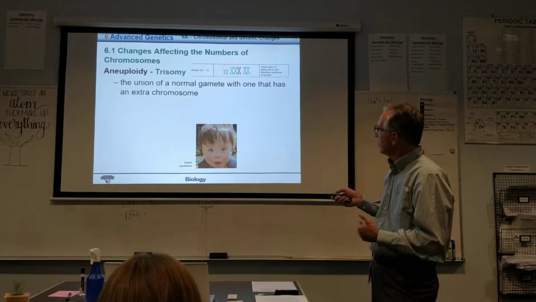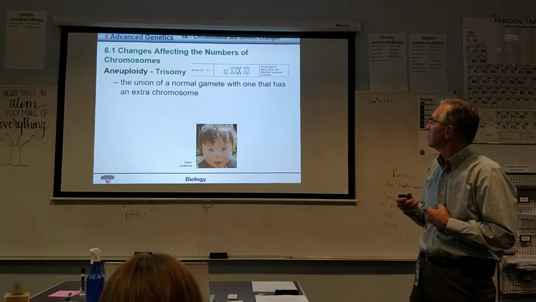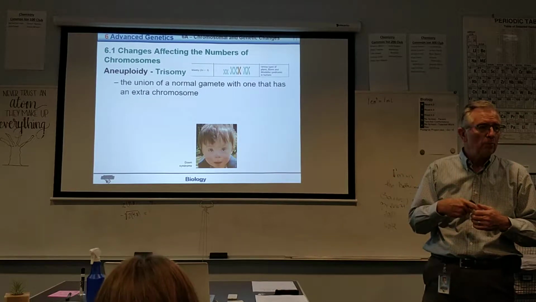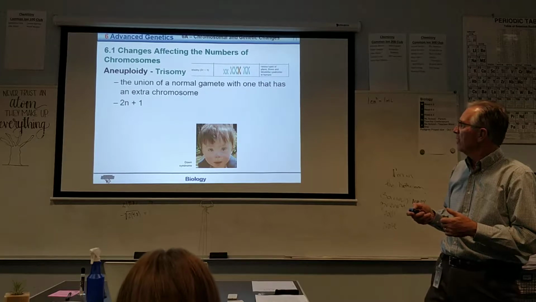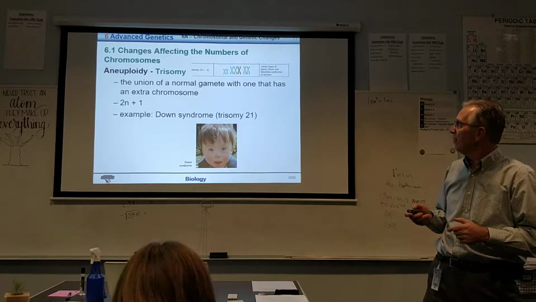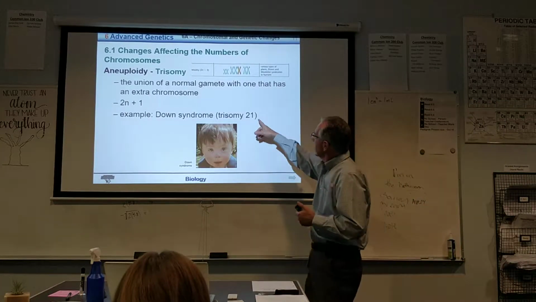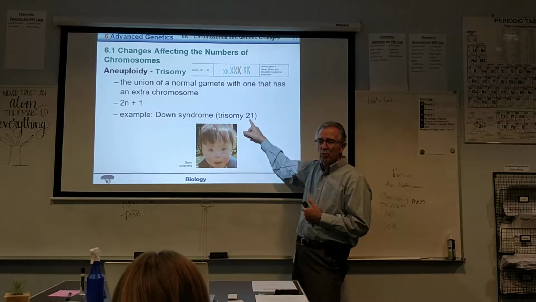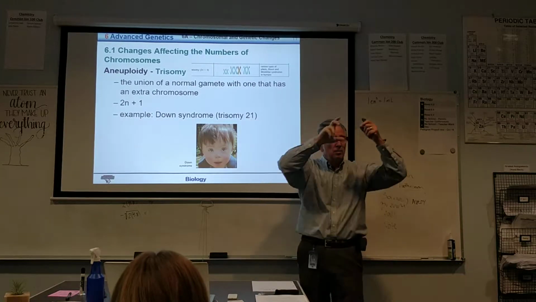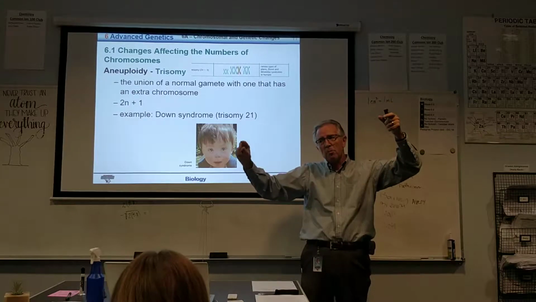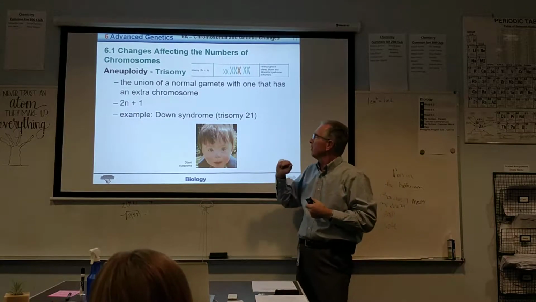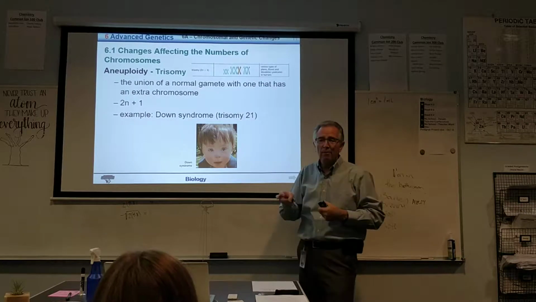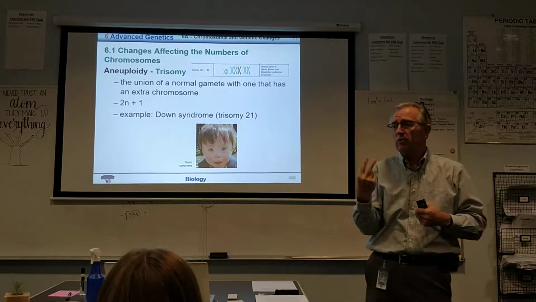An example of this is Down syndrome. There are others that are listed in your book, different syndromes that you can have. Down syndrome has one extra, and the one they have extra is chromosome number 21. If you remember, you arrange them from largest to smallest on that scale. This is one of the smaller chromosomes, but they happen to have 3 of it instead of the ordinary 2.